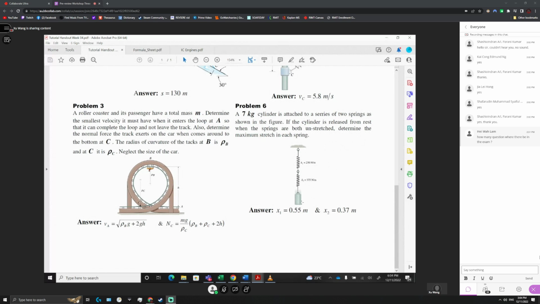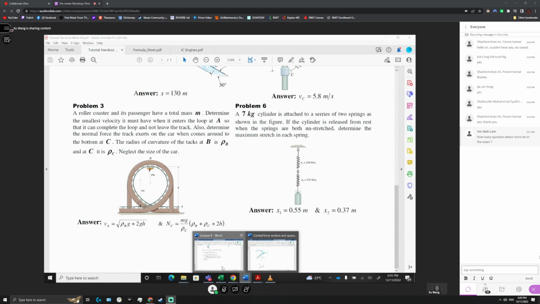Okay, and this potential energy should be converted into the second position with the spring stretched. With the spring stretched, you have a spring potential energy, which is half of k1 x1 squared plus half of k2 x2 squared. And this spring stretch energy should equal your gravity potential energy, which is mg times x1 plus x2. That's the whole principle. How can we solve this problem?